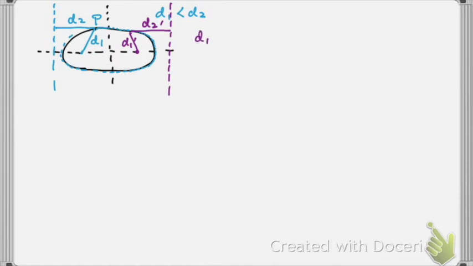So D1 prime and D2 prime should be the same as, in blue now, D1 over D2, right? We call that ratio R. So by arguing symmetry, we know that there must be another focal point and another directrix line. And that's going to lead us to a very important property.